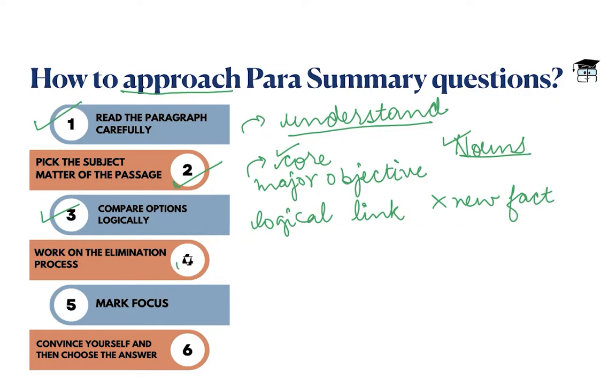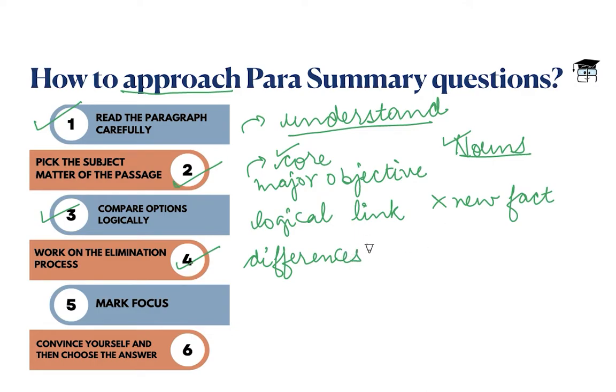Okay, fourth approach, work on the elimination process. Now, you must look for differences between the options. The point of difference should be evaluated. You should see if the passage has any hint that helps you understand which option is better and which is not.